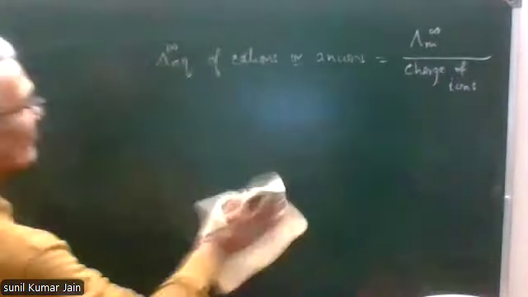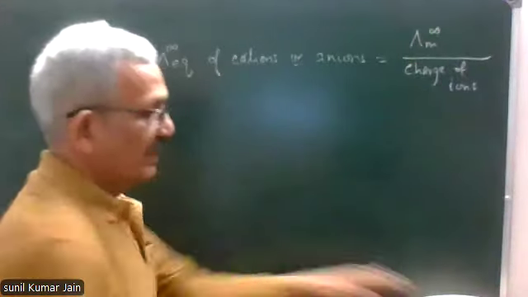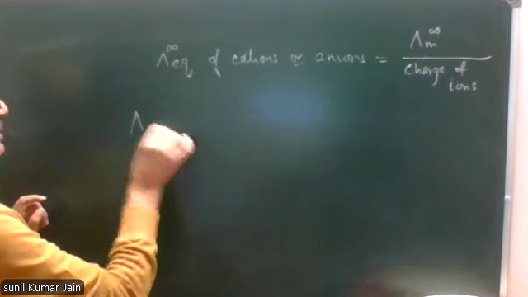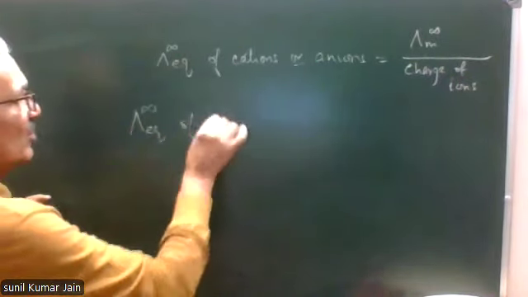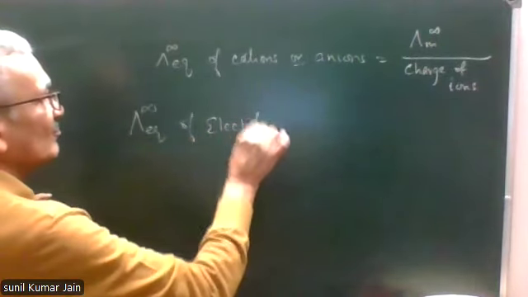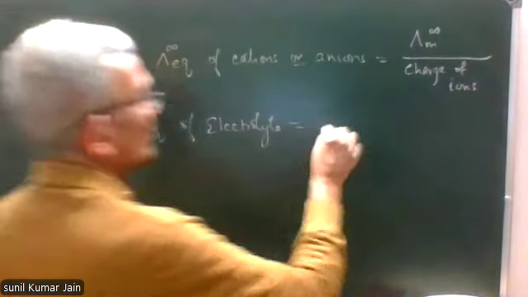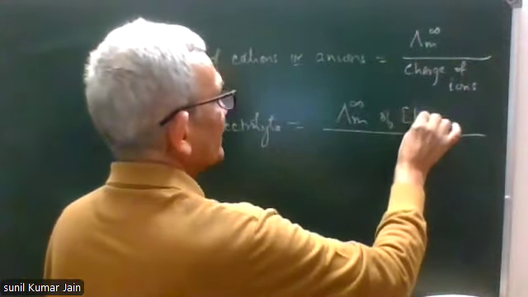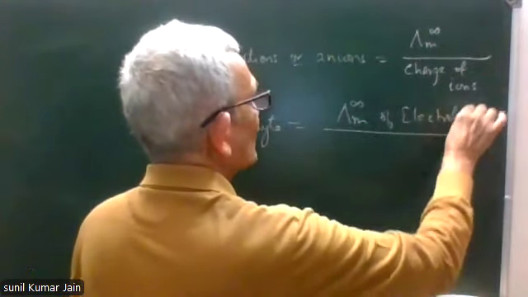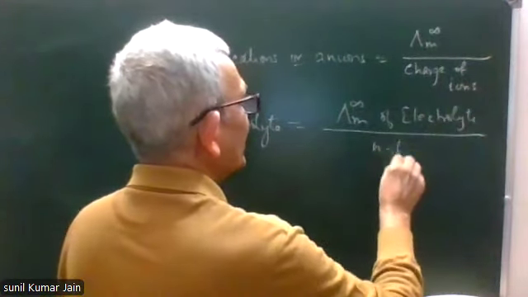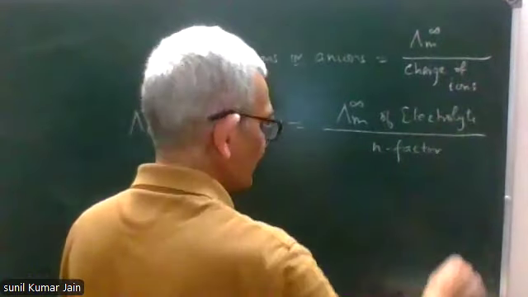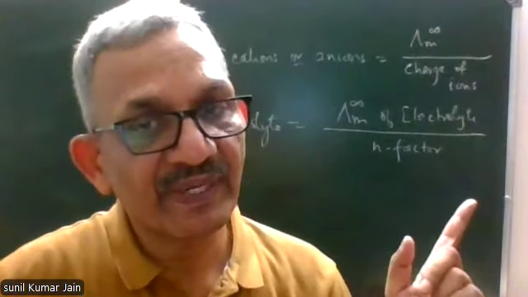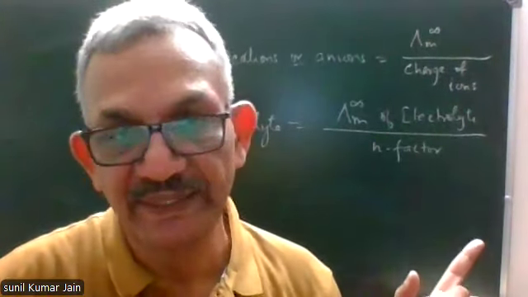One more formula. Now this is for the electrolyte. Lambda equivalent infinity of electrolyte is equal to lambda m infinity of electrolyte divided by n factor. If you remember, I told you about n factor in normality.